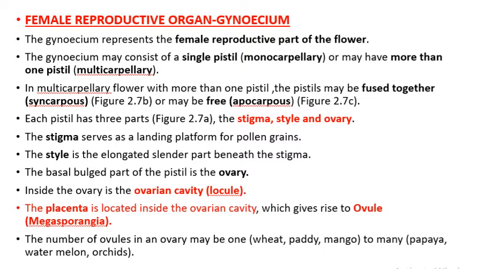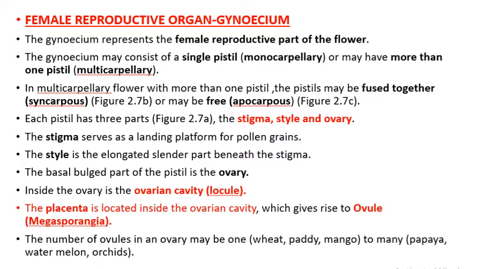As all of you know, gynoecium, that is the carpel, is considered the female reproductive part of the flower. This gynoecium consists of either a single pistil or more than one pistil. If the gynoecium has only one pistil, then such a flower is known as monocarpellary.